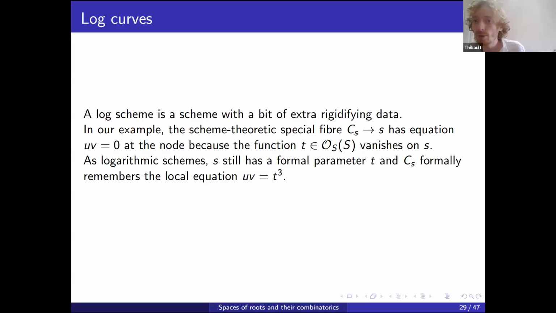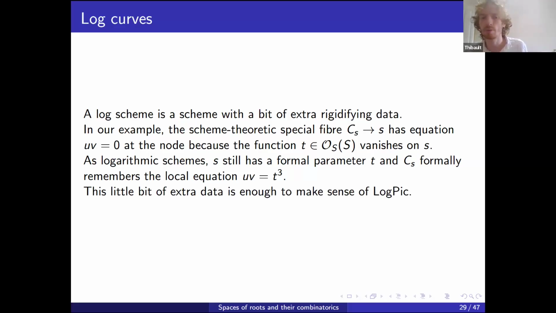And I get to force the nodal special fiber of my family of curves to formally remember the local equation product of the parameters of the branches equals t to the 3. And then I can simulate what happens to the special fiber when I blow up and I know which line bundles to consider. So there is a log-Picard group.